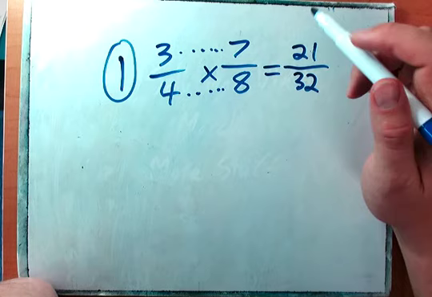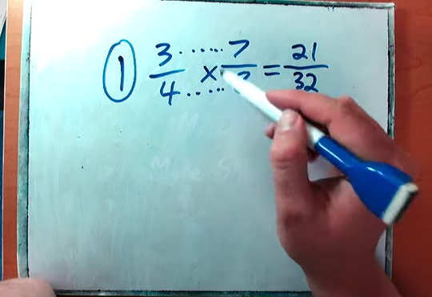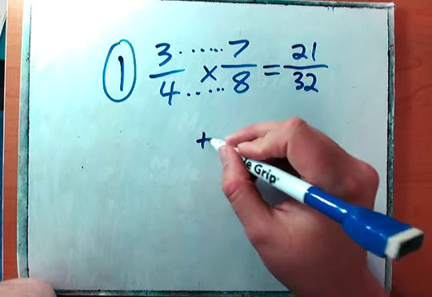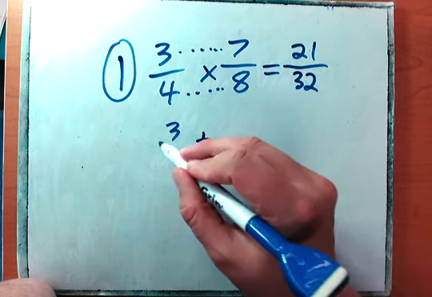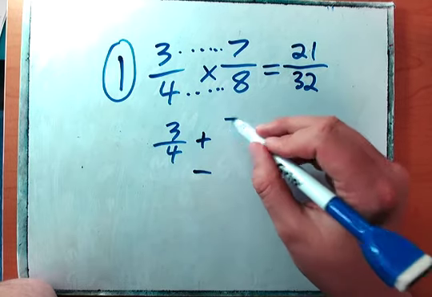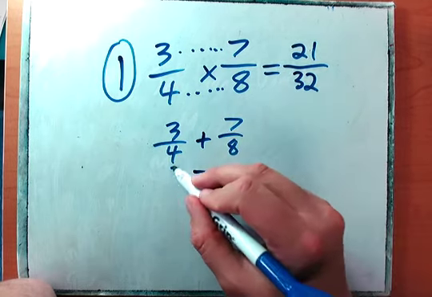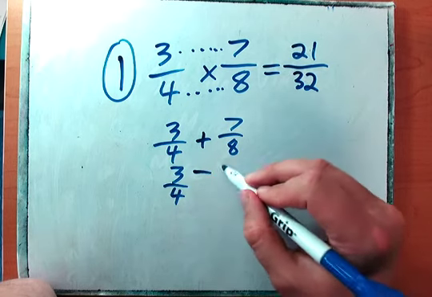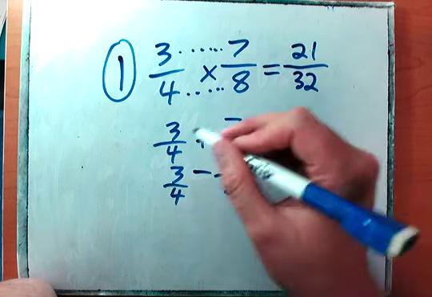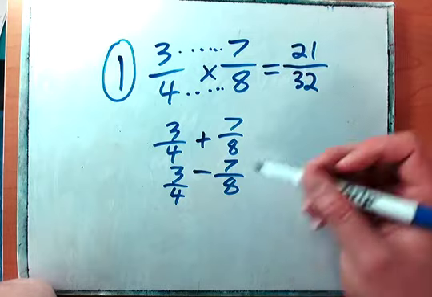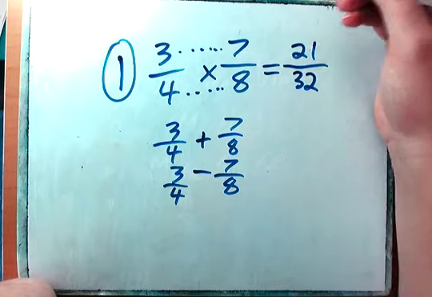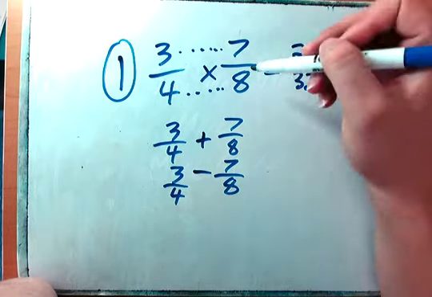If you're given a question like this, know that times is different than plus or minus. 3/4 plus 7/8 and 3/4 minus 7/8 are really radically different. Times and divide are separate. You go tops and bottoms.